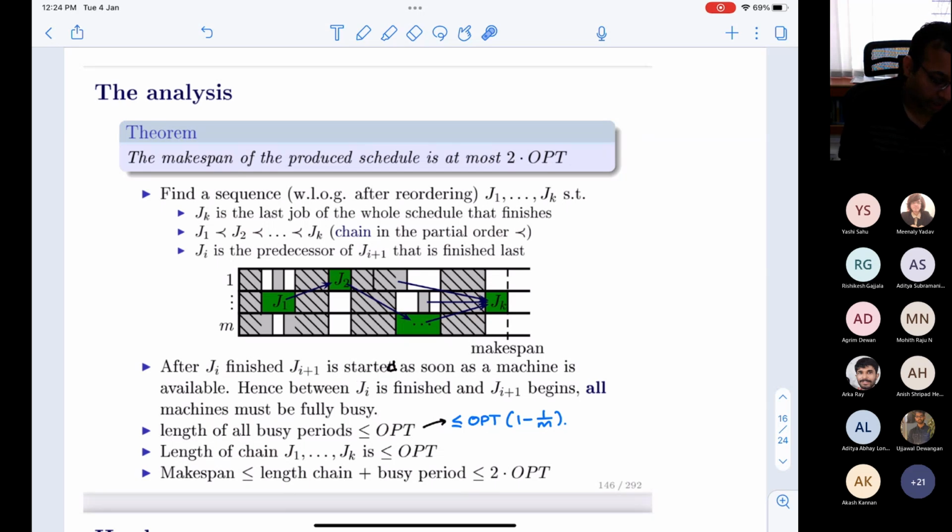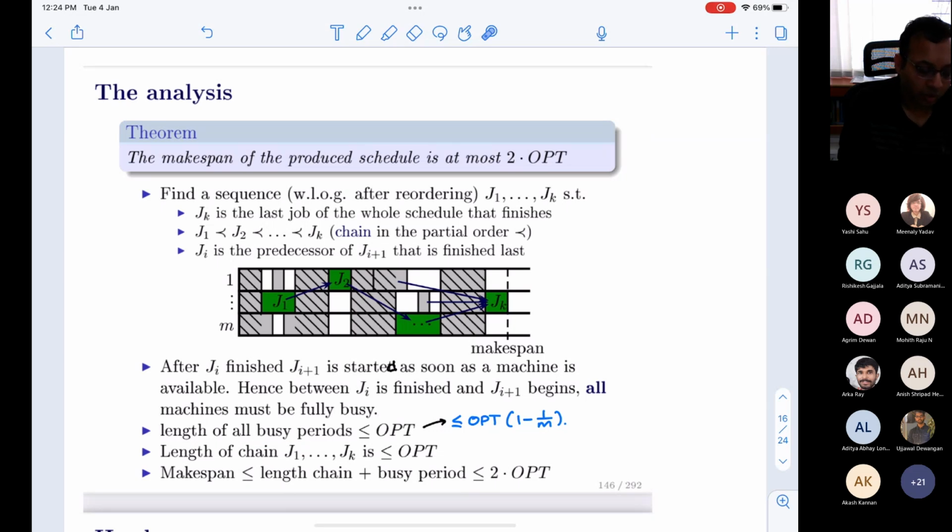That's what I'm saying. If you want to schedule all the jobs maintaining this precedence constraint, then you have to schedule all the jobs in the chain, and that will actually require at least the length of the chain, so that is less than or equal to opt.